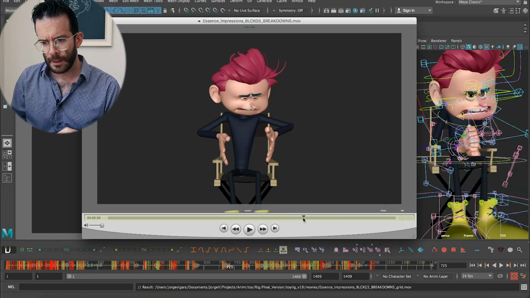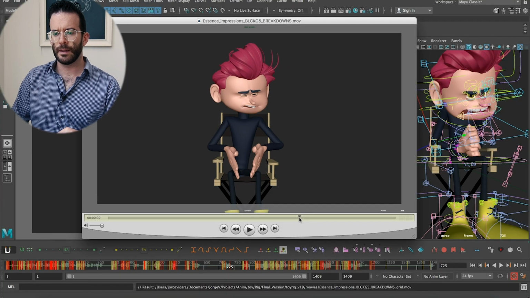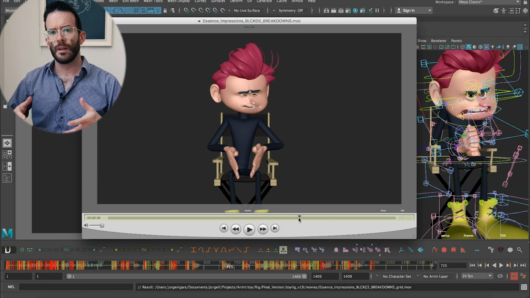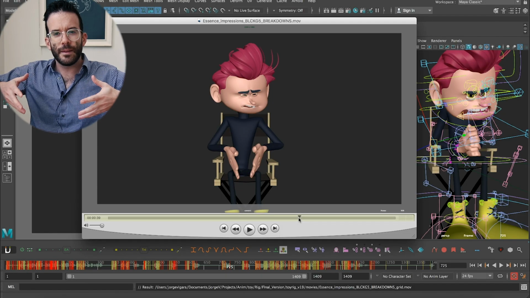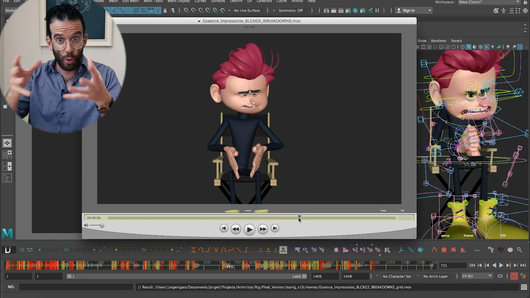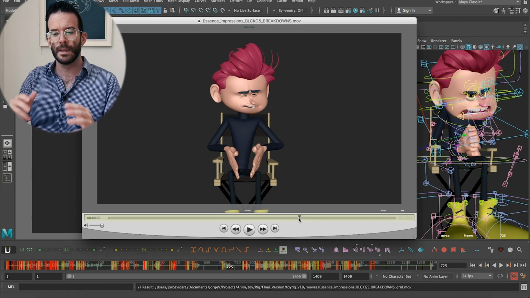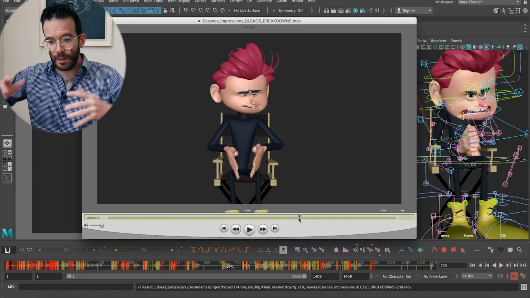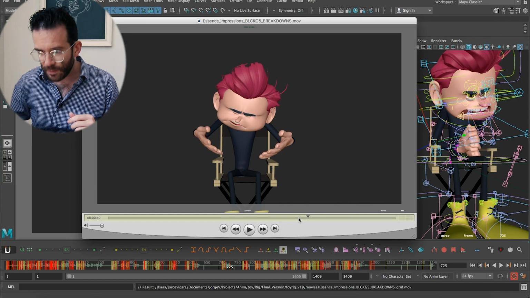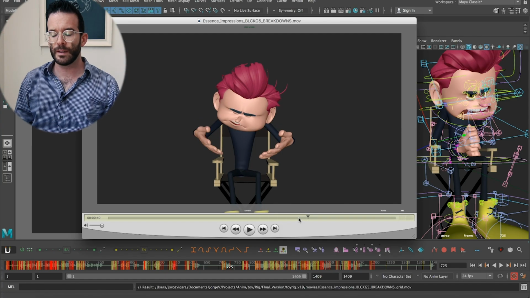For example, if we look at this part where the character is just bringing his arms up, you can see that that feels like a kind of anticipation, right? Actually, that whole bit can be considered something like an anticipation. He is bringing his arms up to then do this kind of posture, right?